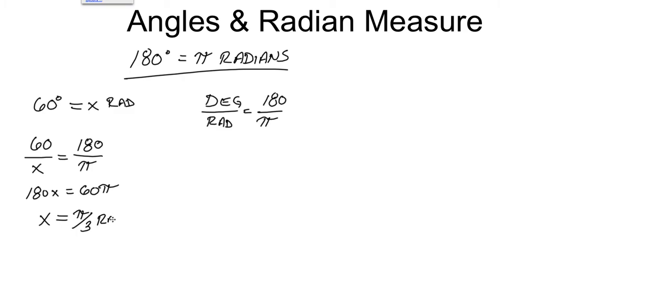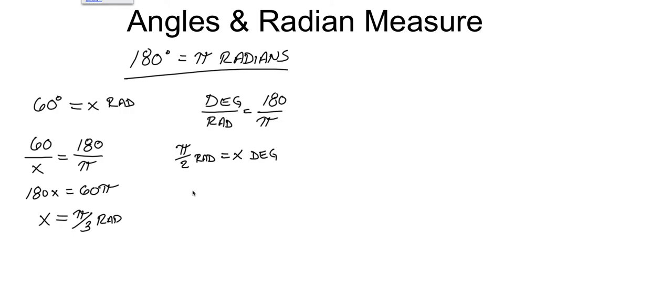And if we divide by 180, we're going to get x is equal to pi over 3 radians. If we wanted to go the other direction and convert from radians back to degrees, we can use the exact same method. So let's pretend that we had pi over 2 radians, and we want to know how many degrees that is going to be.